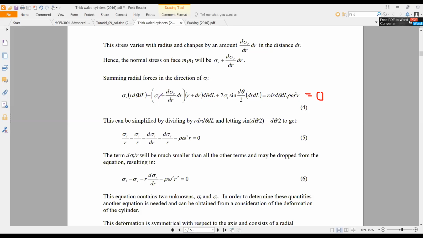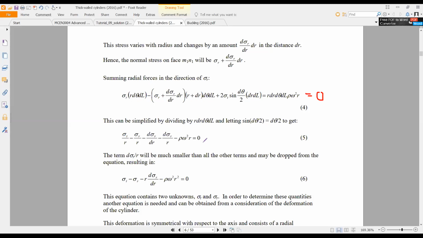So sigma r divided by dr, this sigma r plus 1 will be cut off against this one. Likewise, you can expand this one. Try it at home, and you will simplify until this point. You will be surprised. Even though it is a lengthy equation, it will simplify until this point.